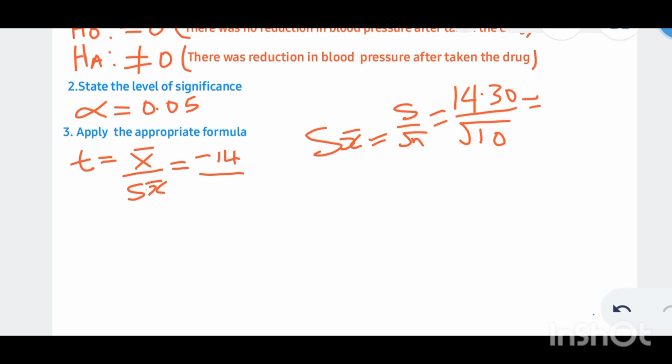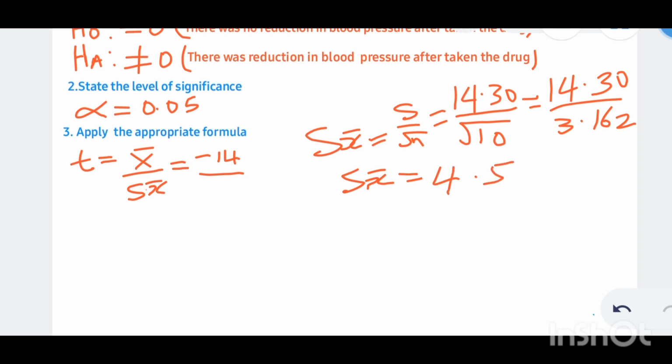So the standard error would be 14.30 over root 10, and root 10 gives us 3.162. So the standard error equals 14.30 divided by 3.162, which gives us 4.522.